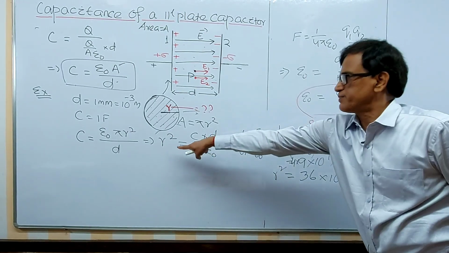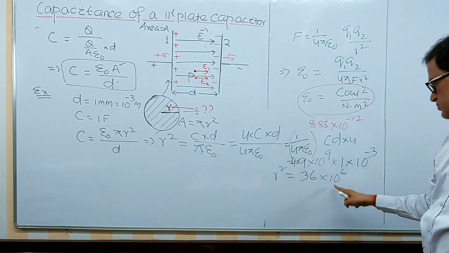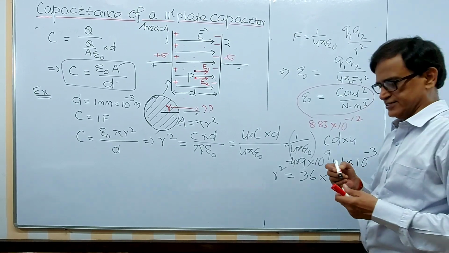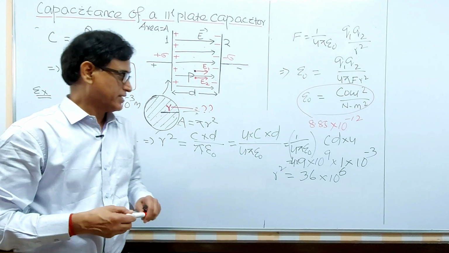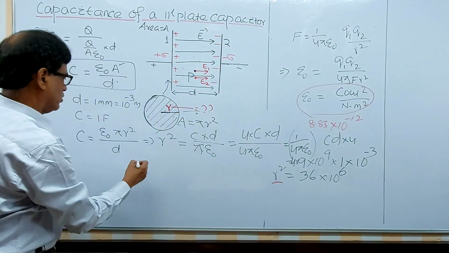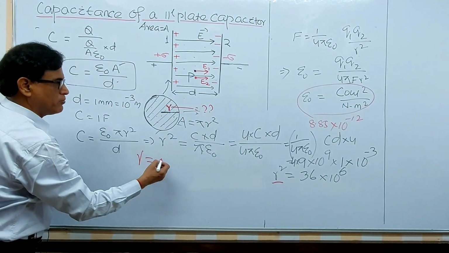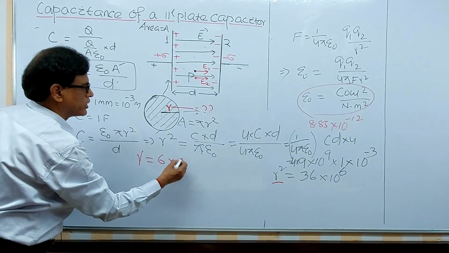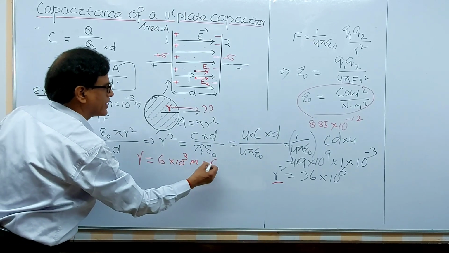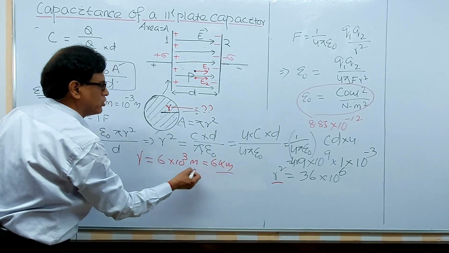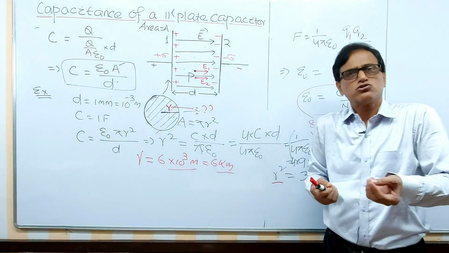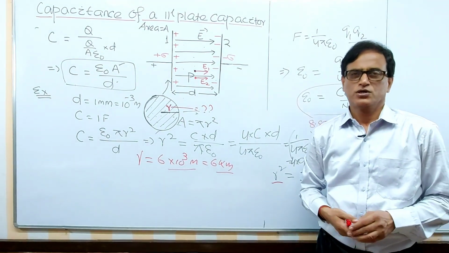On the left-hand side, R square is this much, 36 × 10^6. That means R equals root of 36 × 10^6, which is 6 × 10^3 meter, I can say 6 kilometer. Whatever the choice will be given, these types of problems can be asked to solve in 1 minute.